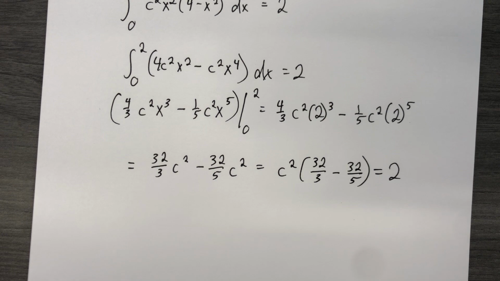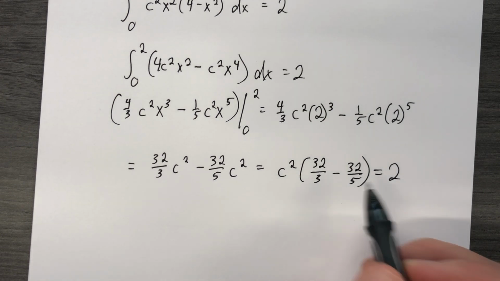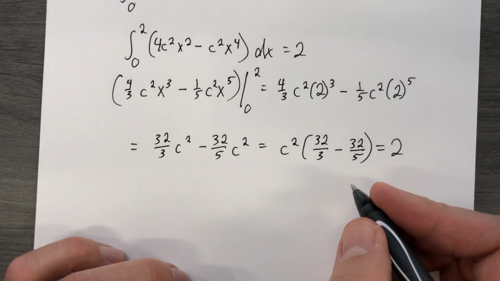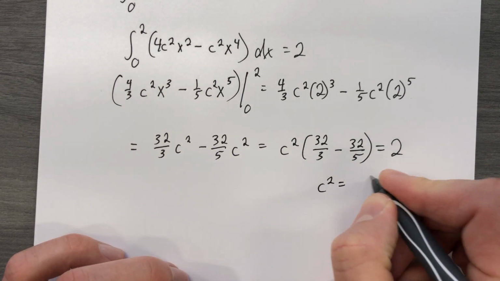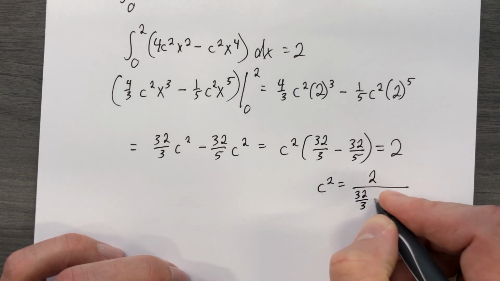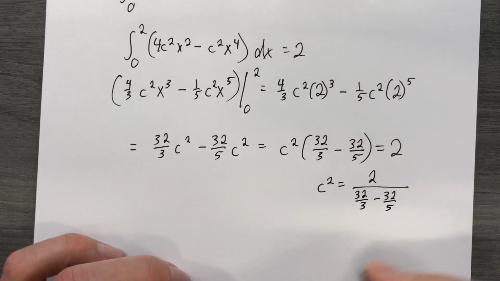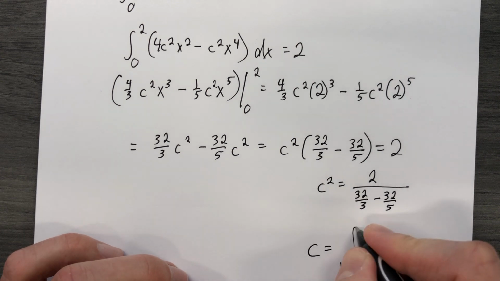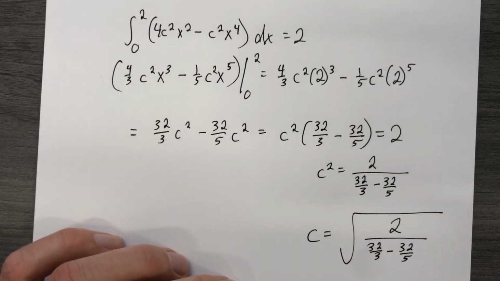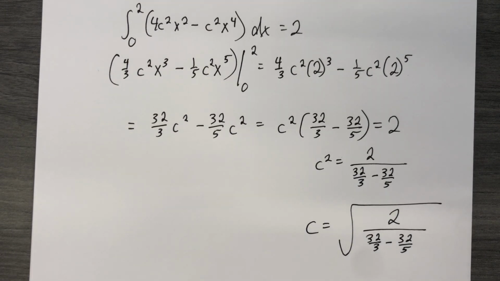And we're pretty much ready to go at this point. Now, if you're like, let's get a common denominator, go for it. Have fun. I don't find it necessary, and there's a lot of room for error in there. So just keep doing as much as you can without getting too crazy with your math. 2 over 5. And so c equals this. By the way, this is not what the scoring guideline says it is, but it is correct and you will get credit for it.